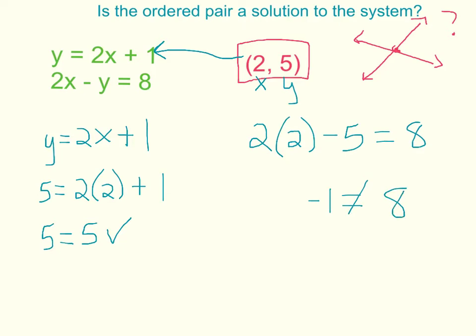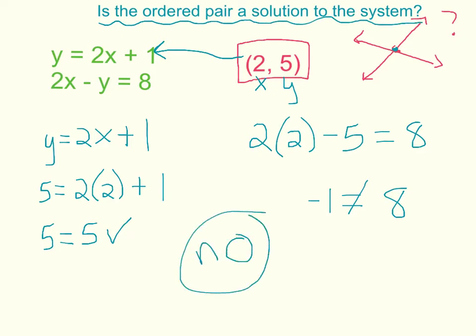So that point is not on the second equation, which means it is not the point at which the two lines intersect. So to answer the question, is the ordered pair a solution to the system? In this case, no, because it doesn't work for one of the equations.